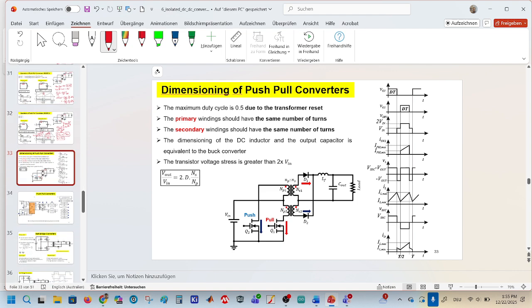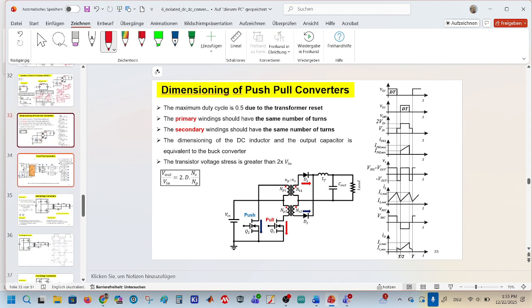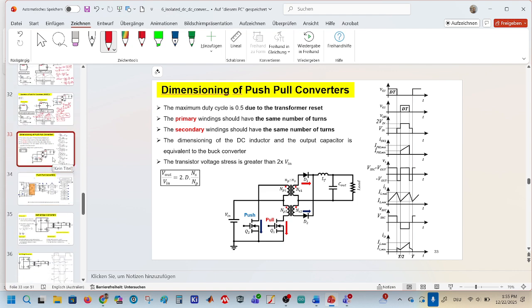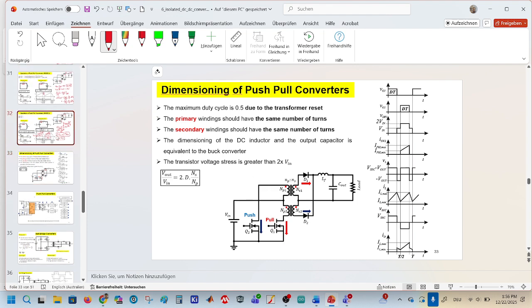So we can summarize what we said before that. Yeah, okay. The primary and the secondary windings should have the same number of turns. Why?